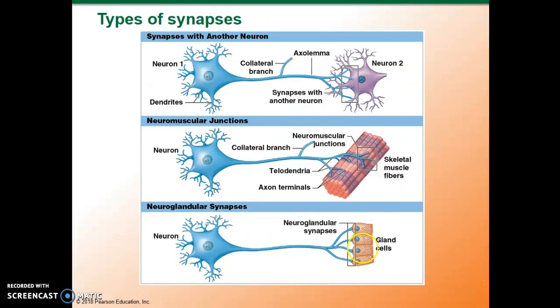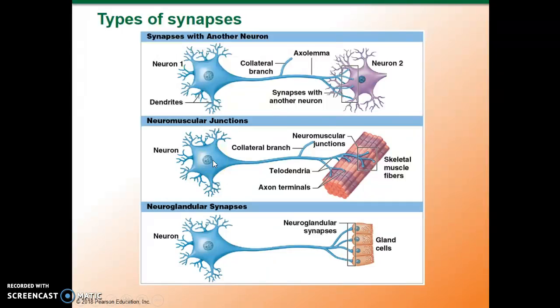So here we see synapses with other cells. So the presynaptic neuron is this blue cell. In all cases, the presynaptic neuron is blue. And the postsynaptic cell here, this purple one, is another neuron. So it will synapse on the dendrites or the cell body.